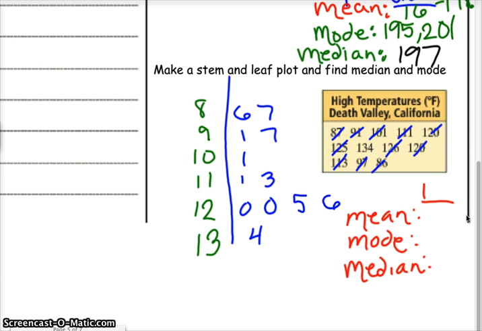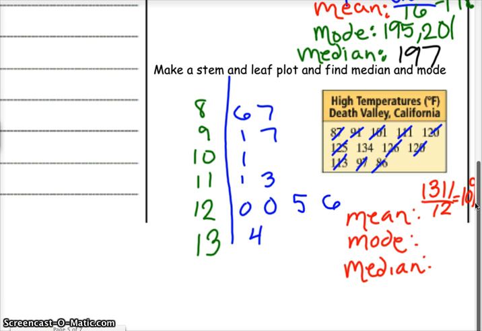So 13, 11 divided by how many terms there are? 1, 2, 3, 4, 5, 6, 7, 8, 9, 10, 11, 12. Divided by 12. Remember when we talk about terms, we only look at the leaves. Okay? So what is this? 109. I'm just going to write 109 because I have no room.